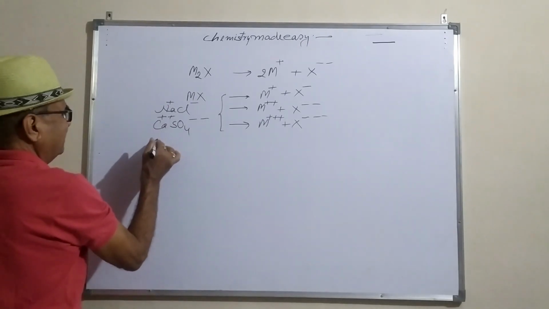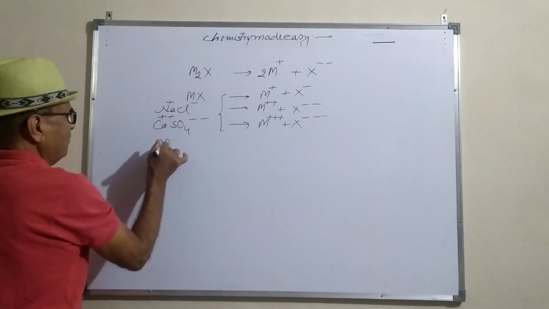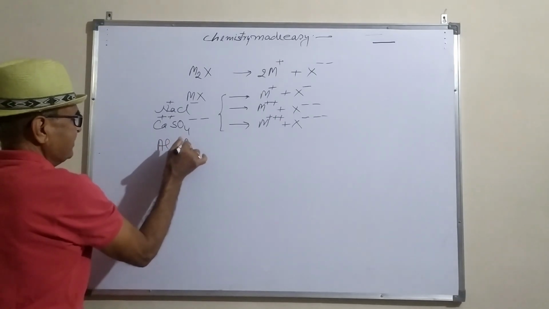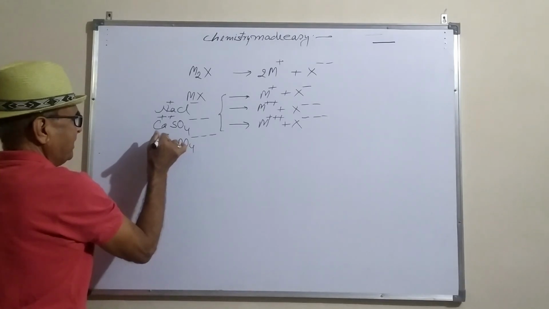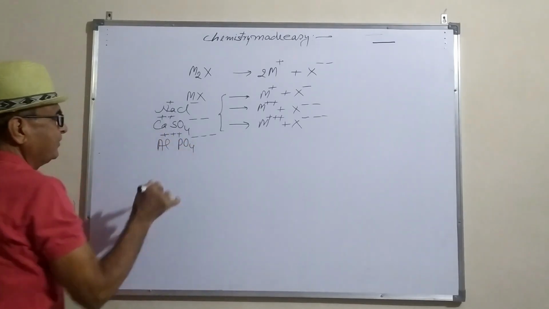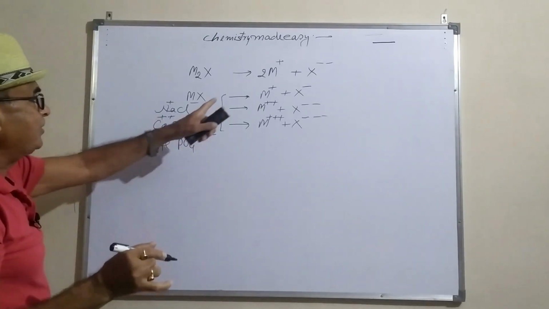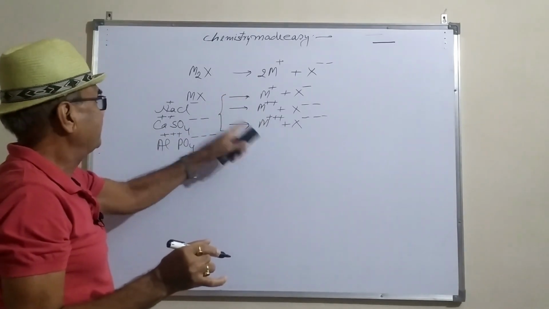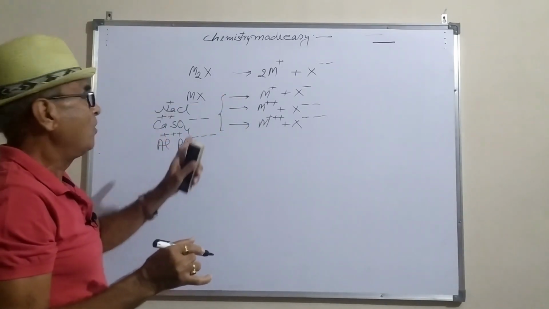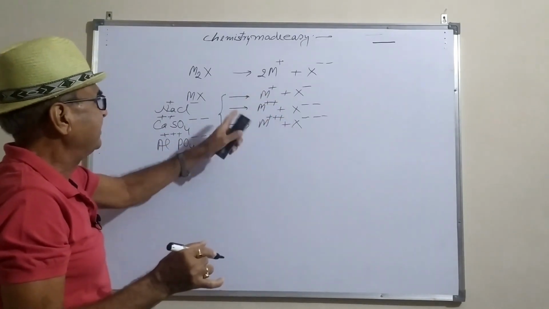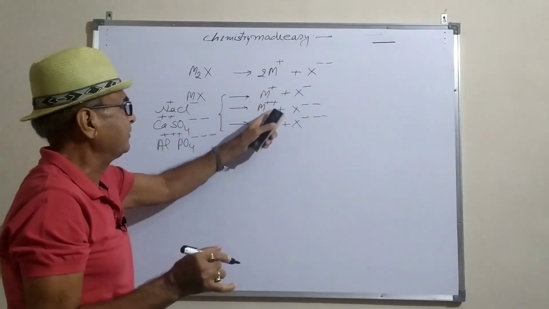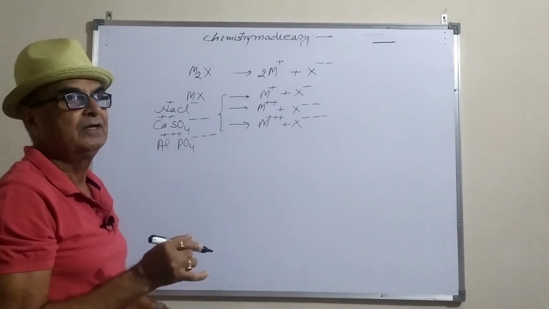And again, aluminium phosphate, Al triple positive, PO4 triple negative. So MX represents three sets of ions: M positive, X negative; M double positive, X double negative; and M triple positive, X triple negative.